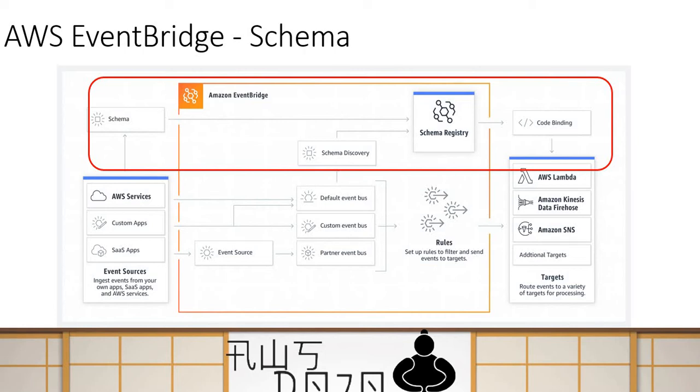But what if you want to build an application where schema integrity is very important, where you want your client applications to send a valid schema-based event, and your target to be able to process a valid schema-based event? If you're trying to build a business application, it is very important.